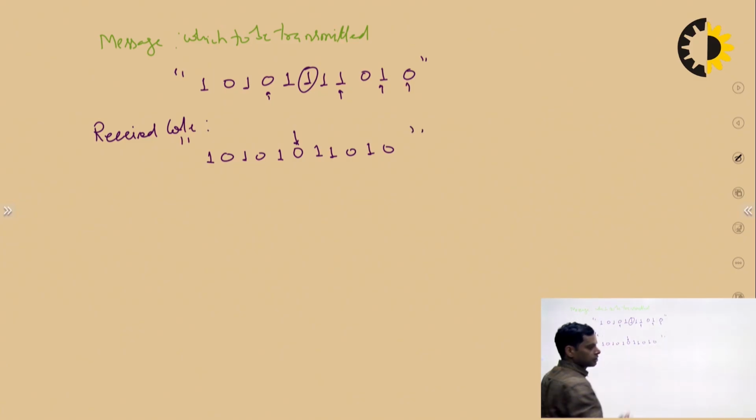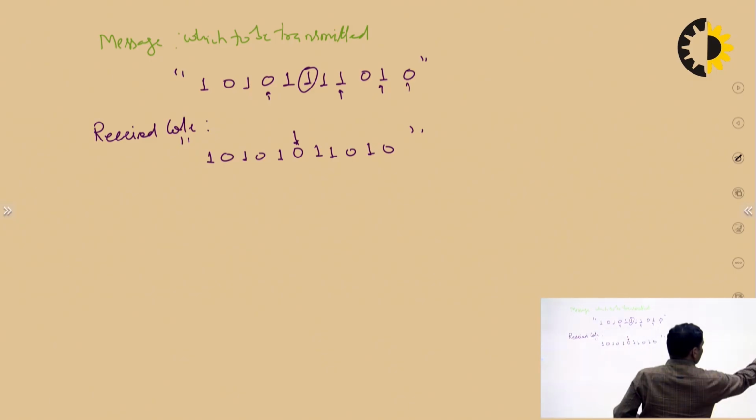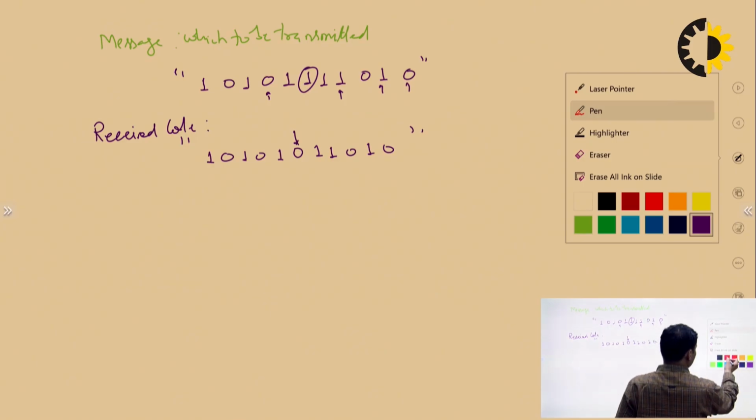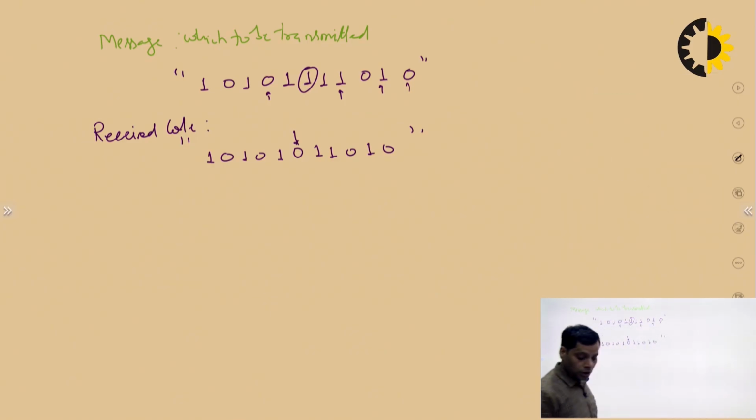Now the receiver will check what the actual information that was transmitted is. From the actual information, the parity bits should be removed. So for that, the reverse process will be checked here.